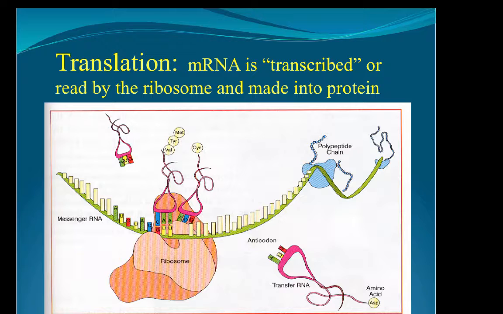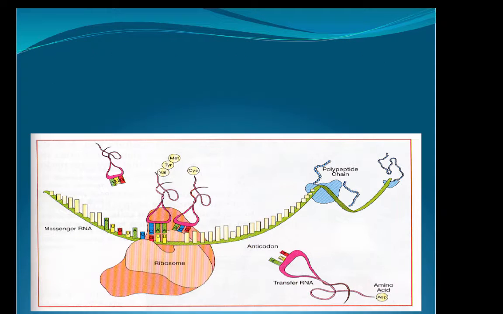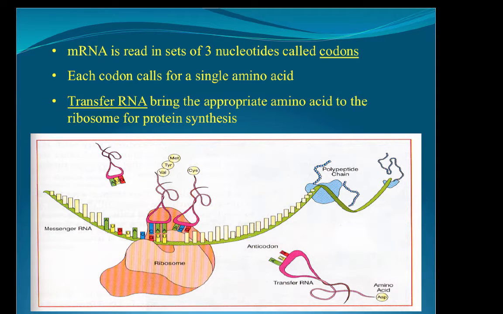Translation is the second process that takes mRNA and translates it into a protein. So mRNA is going to be read in a set of 3 nucleotides called a codon, and those codons are going to code for a specific amino acid like methionine or tyrosine, things that you learned about in chemistry.